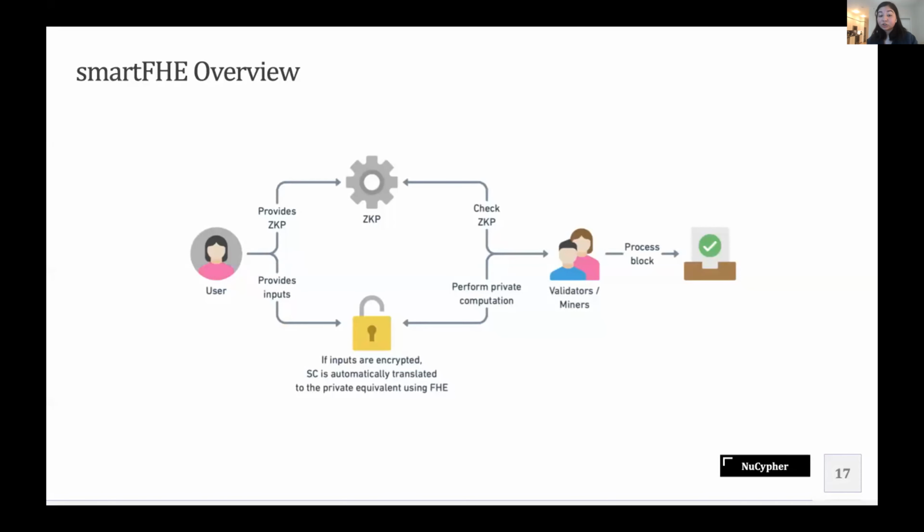If the inputs are instead encrypted, and in this case, encrypted with respect to fully homomorphic encryption, the user probably needs to provide some sort of zero knowledge proof, proving some relations on these encrypted inputs that are application dependent. The miners can come along, they then check the zero knowledge proof, and if everything's good, they can perform a computation directly on the user's encrypted inputs thanks to FHE.